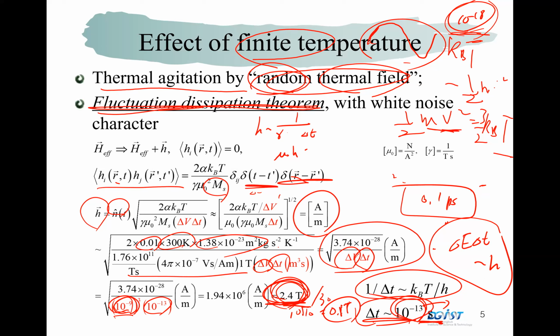But if you shrink down the size of your particle, it follows the magnetic field direction. And if you are not a real magnetism person, there's no feeling for how large a field of 2.5 Tesla is. Actually, for typical ferromagnetic materials for recording media, the anisotropy field is usually on the order of Tesla.